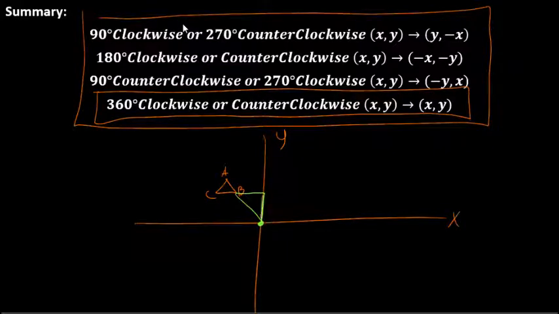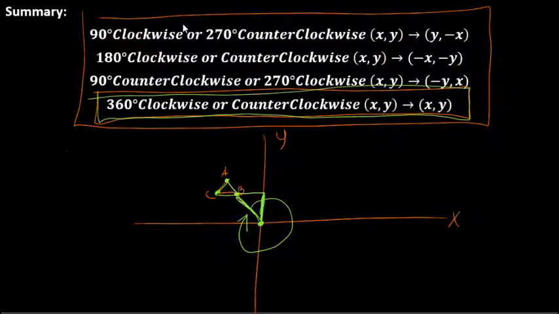So I'm going to take this whole triangle and rotate 360 degrees. Well, where am I going to end up? I'm going to end up in the exact same place that I started with the exact same triangle. Okay, so that's where this is coming from. 360 degrees clockwise or counterclockwise, we're going to get the exact same result that we started with.